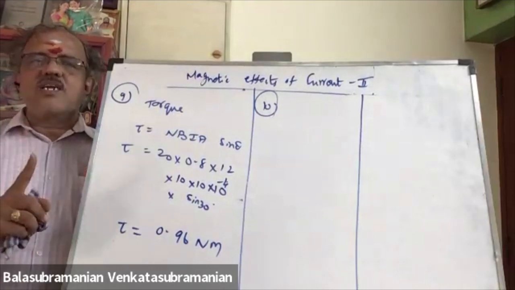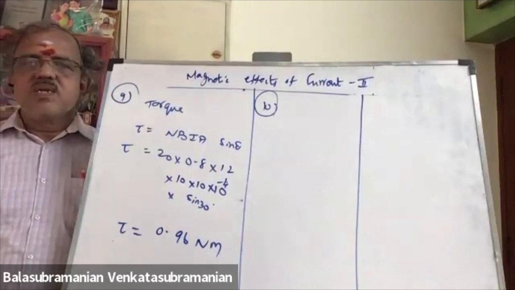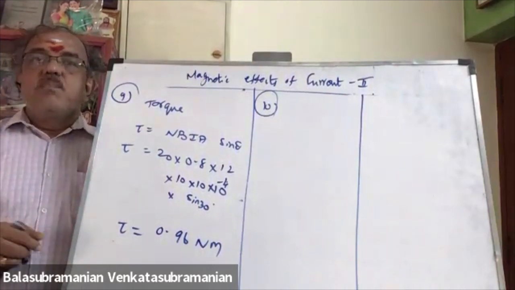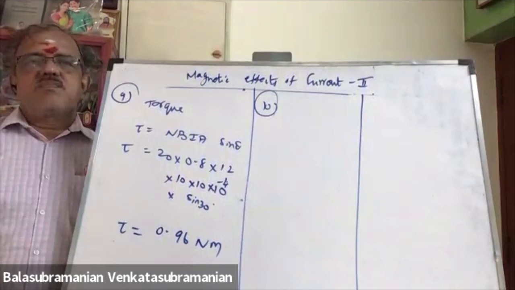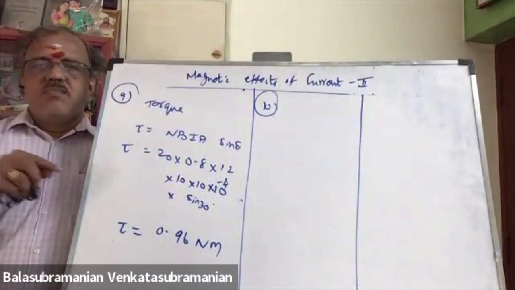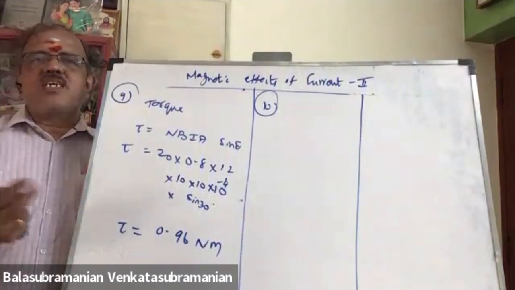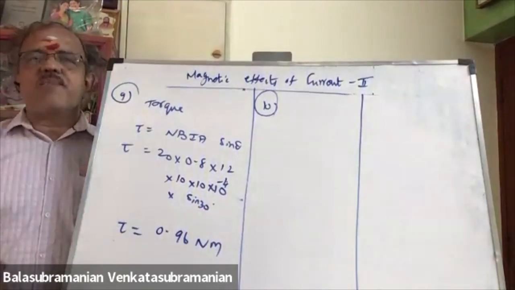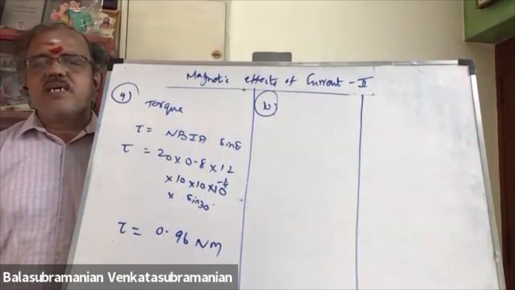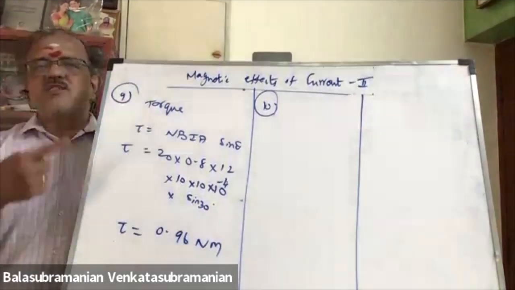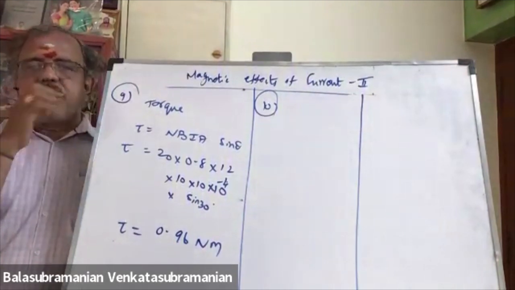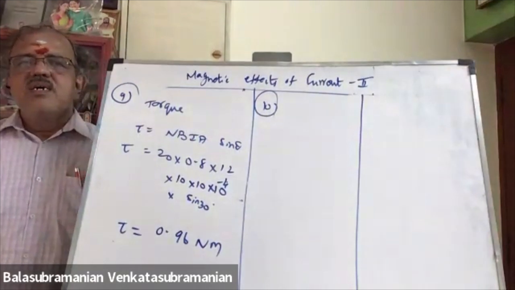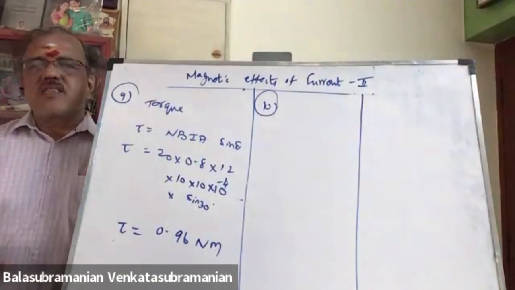Only one electron, so B e V sin theta. When it enters, every time its path changes. Magnitude remains constant, direction is changing. Means the only possibility is that it should move in a circular path. Same magnitude, direction alone changes. So that possibility should be, it should move in a circular path.